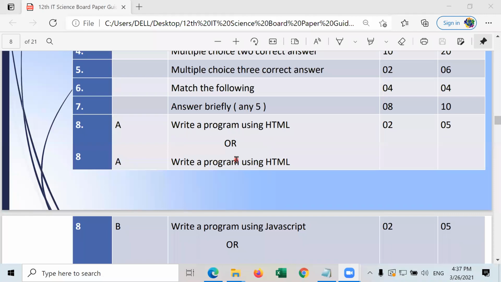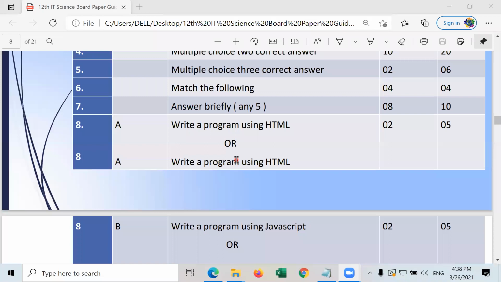Now remember, you have to type that program in a text box provided. You cannot test the correctness of that program. Generally, we write any HTML program in Notepad, we save that program with an HTML extension, and we test that program with the help of some browser like Chrome, Firefox, etc. But in the IT exam, you cannot do that.